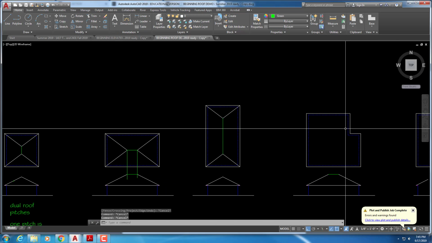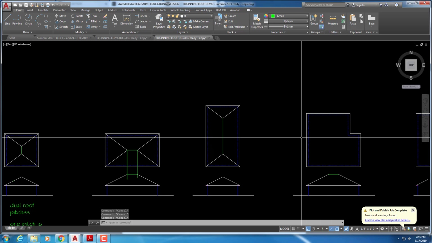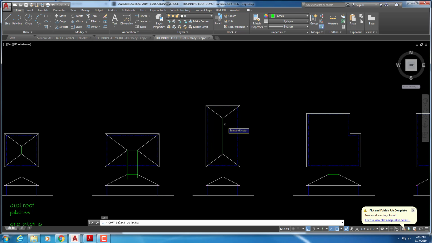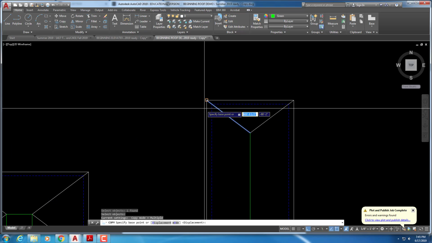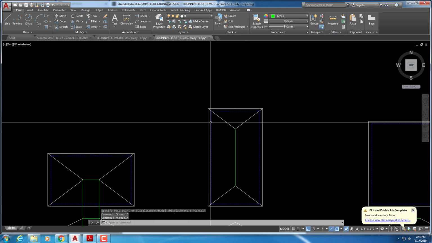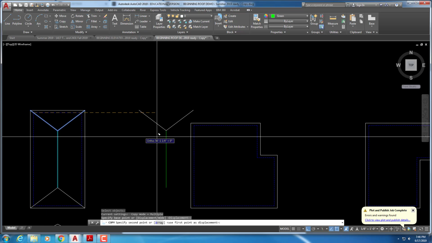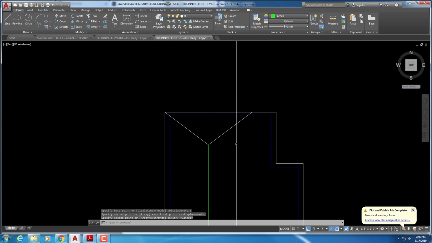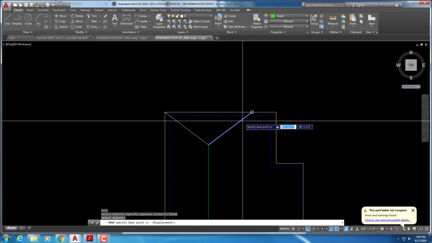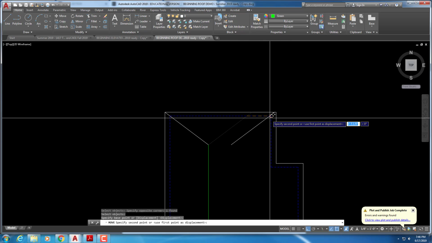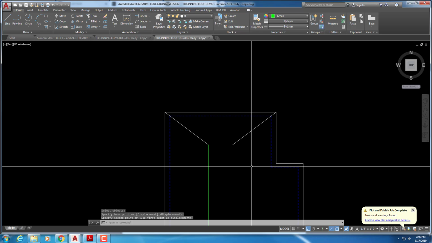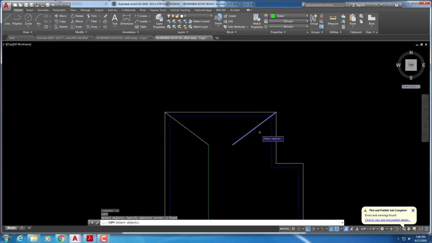Here, I've got kind of an L shape, but it starts to get a little more tricky with the dual pitch. Go ahead and copy this over. So I'm going to move this on over. So this turns at a 90 degree. There would have to be a valley line there.